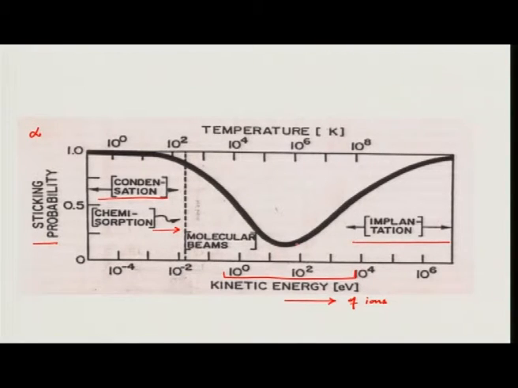So, we are interested in the energy range of around a few hundred electron volts for the sputtering process. So, we need to get our ions to these energies.